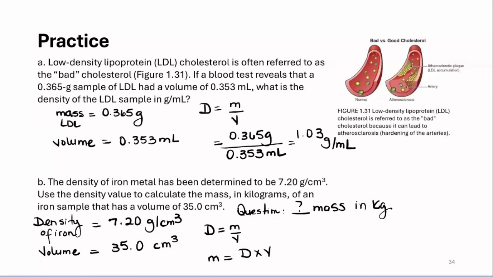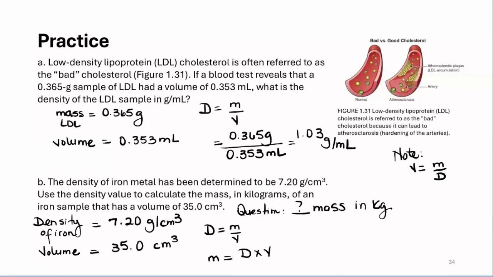You can do a similar isolation for calculating volume. And even though it's not needed in the question, I'm just going to write it in the corner as a note. If you're trying to calculate volume by itself, mass over density is going to give you the volume term by itself.